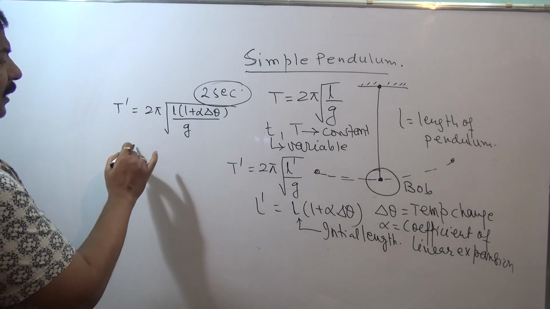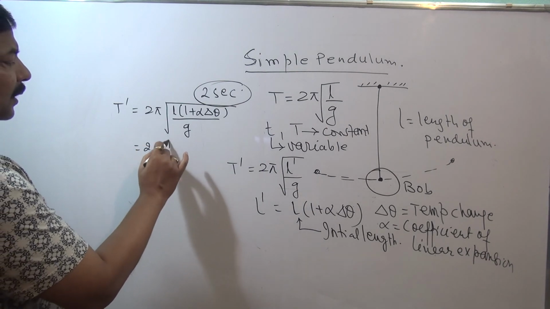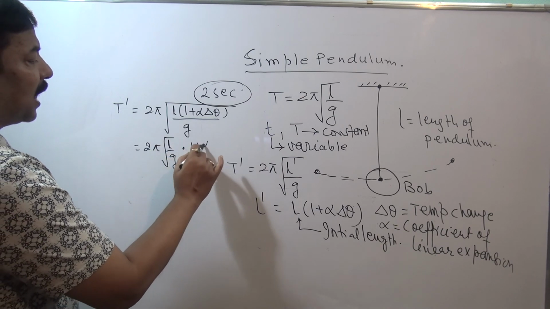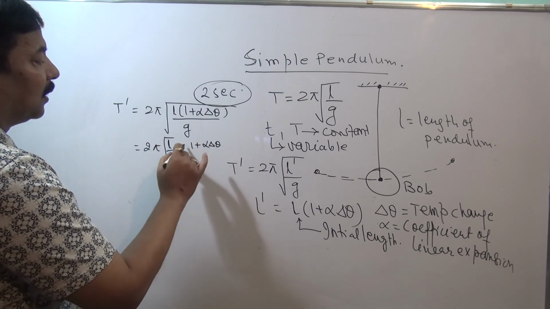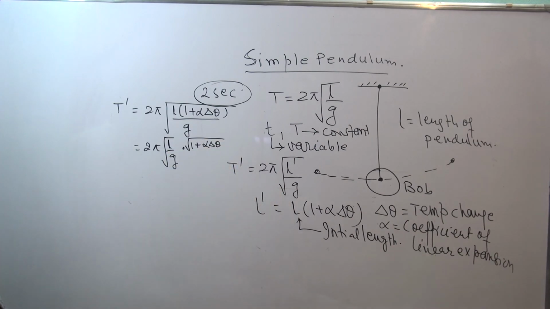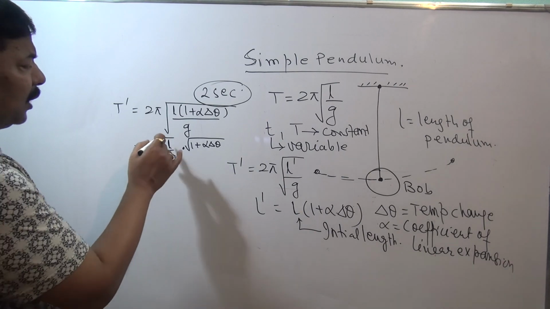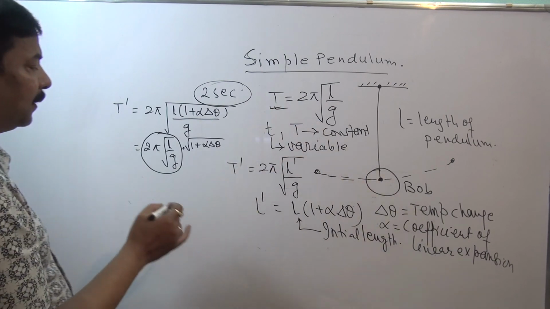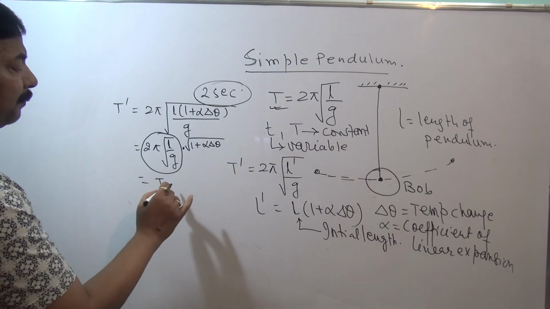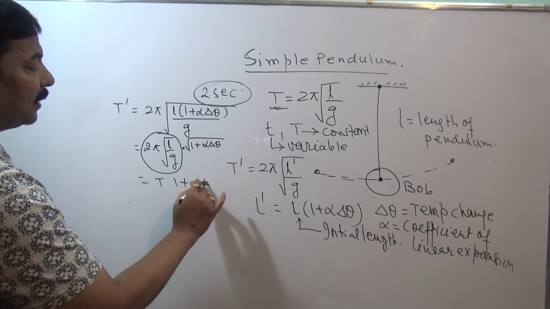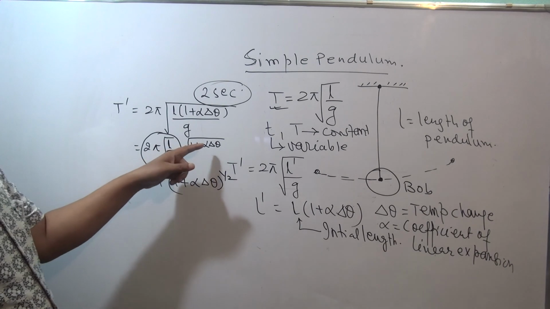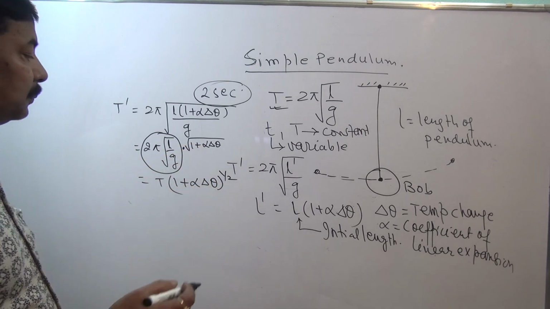If I write it in this way, 2 pi root L by g into root of 1 plus alpha delta theta, it can be written in this way. Now next, what I would like to tell you, this value you already know that it is the original time period. So I am writing it as T into 1 plus alpha delta theta whole to the power 1 by 2. Here root is there, so we can write it as 1 by 2.